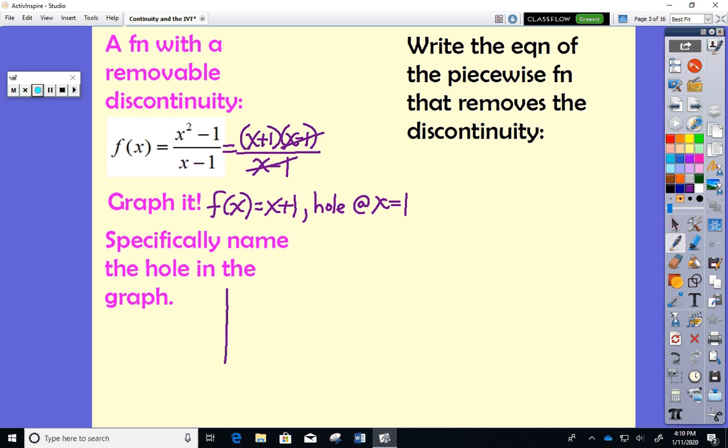I'm going to graph my function. And if it's x plus 1, I obviously know the y-intercept is (0, 1). And I'm going to travel up 1 over 1 and up 1 over 1. And I'm going to draw my line.